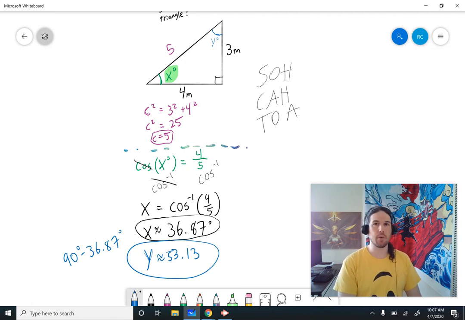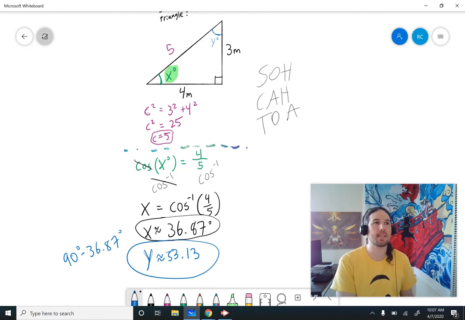I'm probably going to do another video soon specifically about arc sine, arc cosine, and arc tangent, and really digging into how they work. But it really isn't anything more complicated than what I've already said. It's just an undo button on sine, cosine, and tangent, right?